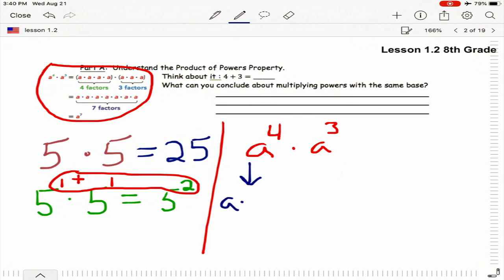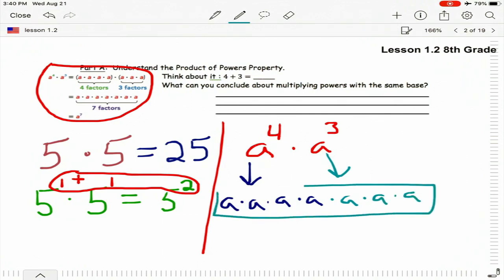So it's a times a times a times a. And then we're going to expand a cubed, which is a times a times a. And then we're just going to write this as an exponent. Well, obviously a is the base, but how many a's do we have now? We have 1, 2, 3, 4, 5, 6, 7.